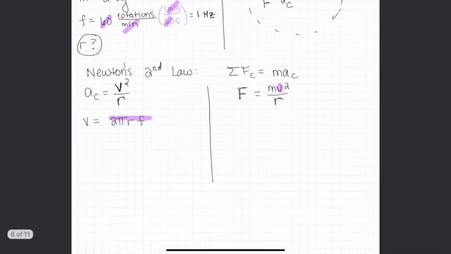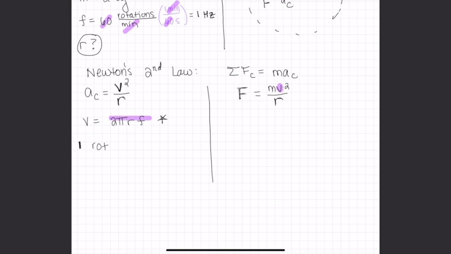The other thing I'll just show you or point out, because I sometimes don't always see professors giving that definition of the speed for uniform circular motion in terms of that rotational frequency. So the other thing you can do is you can set up a conversion.